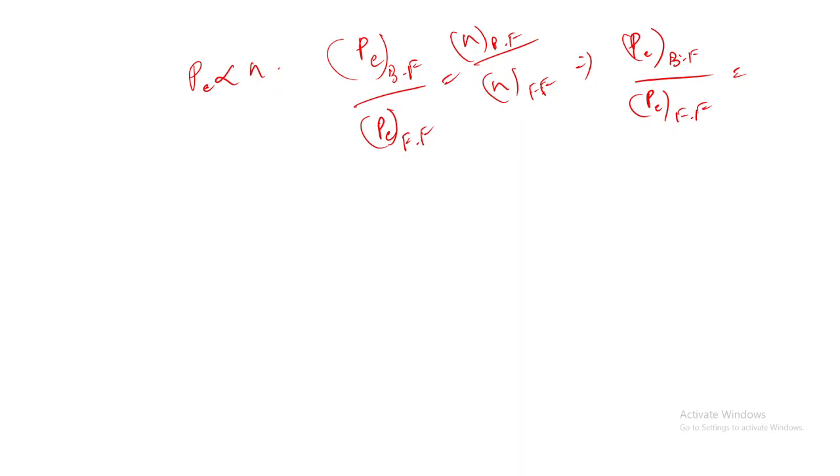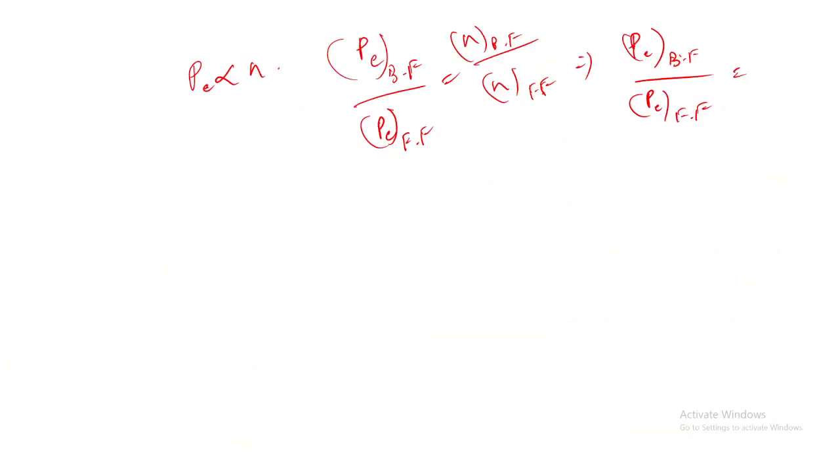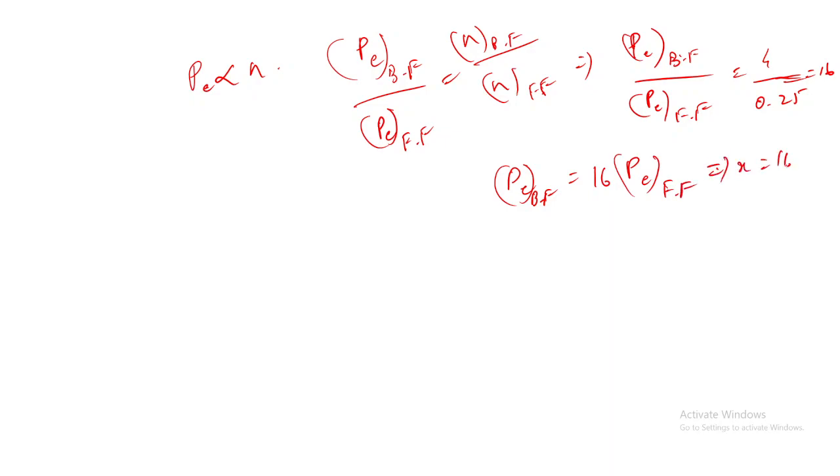For both sides fixed it is 4, and for fixed and free it is 0.25. So 4 divided by 0.25, it will be what? 16. So PE of both sides fixed will be equal to 16 times PE of fixed and free. So therefore x is equal to 16.